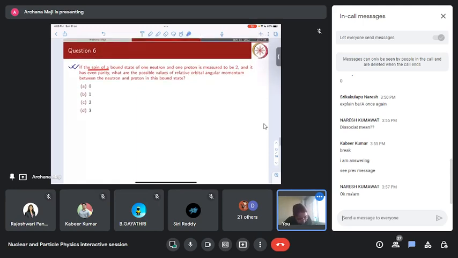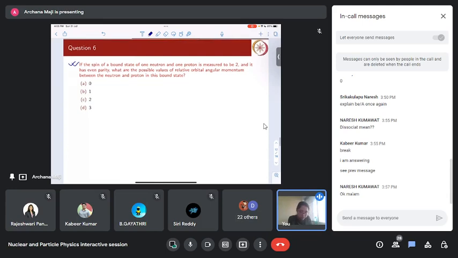Fine. If the spin of a bound state of one neutron and one proton is measured to be 2 and it has even parity, what are the possible values of relative orbital angular momentum between the neutron and proton in this bound state?